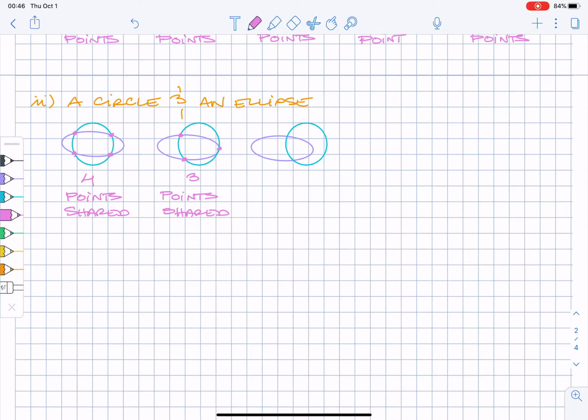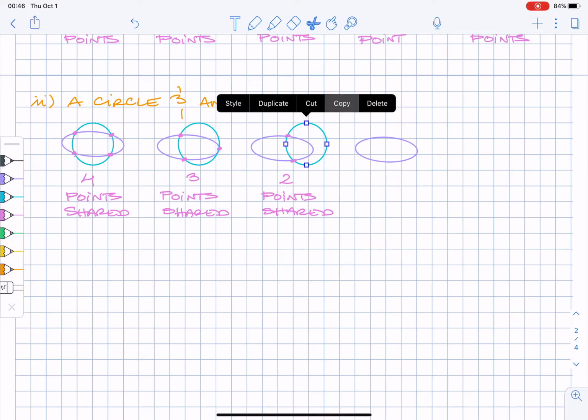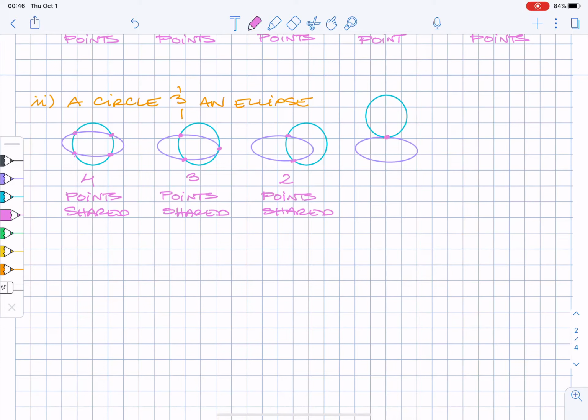And 2 points shared. Let's do 1 point shared.